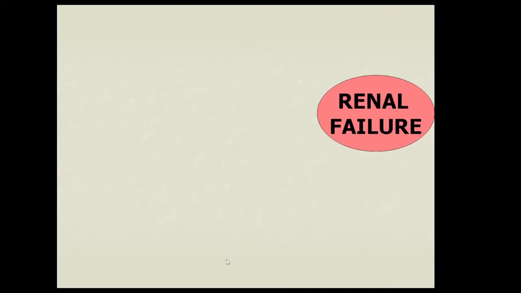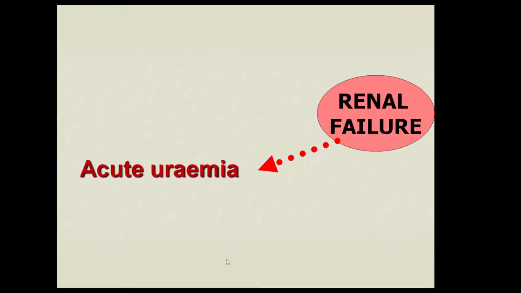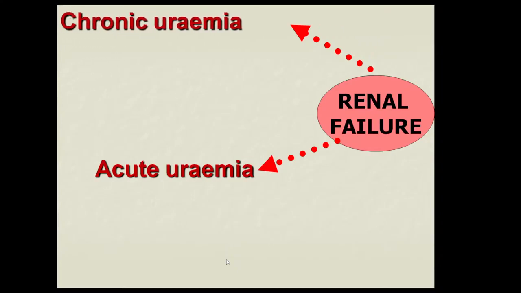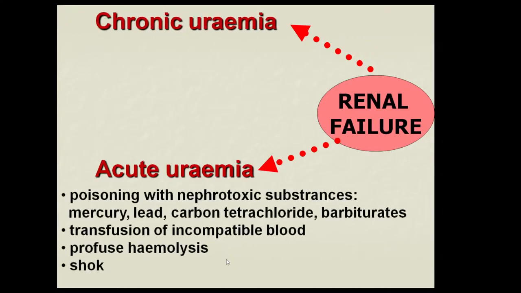And the last syndrome we'll talk about today is renal failure, which is characterized by disturbed renal function. It may be acute or chronic. Acute uremia appears due to the acute situations we discussed today.